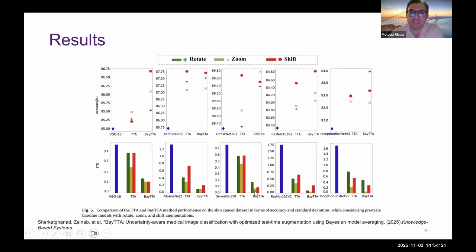You can see that BTTA, in terms of standard deviation, which is the metric for measuring uncertainty, has almost less STD compared to other methods. However, the accuracy is much higher than other methods like TTA, VGG, MobileNet, and so on.